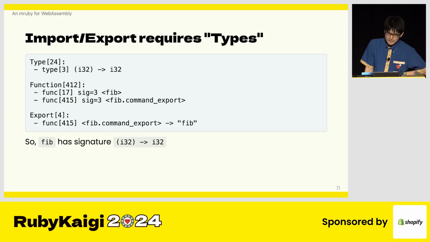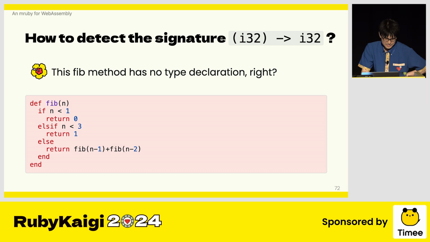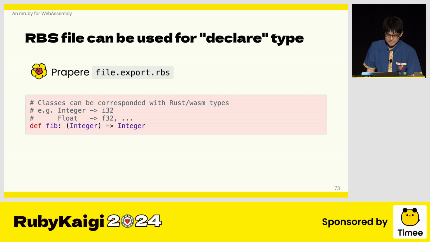Okay, and mruby edge has support to import and export functions, but for importing and exporting you require type signatures. So we must specify an RBS file for declaring the types.